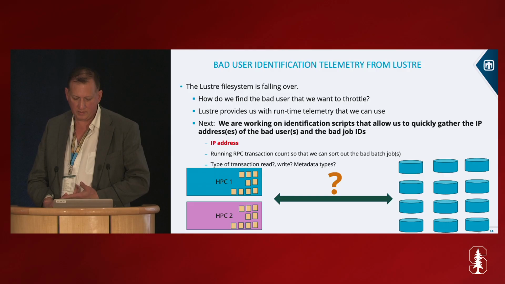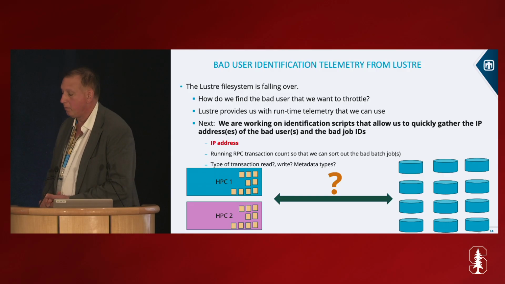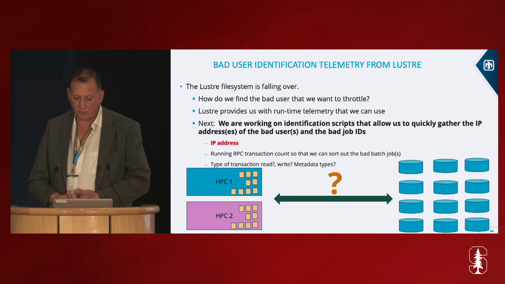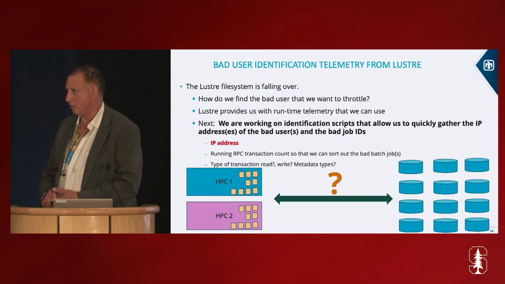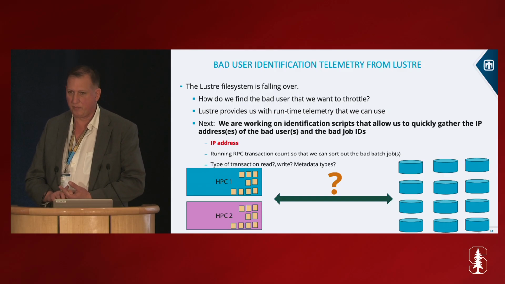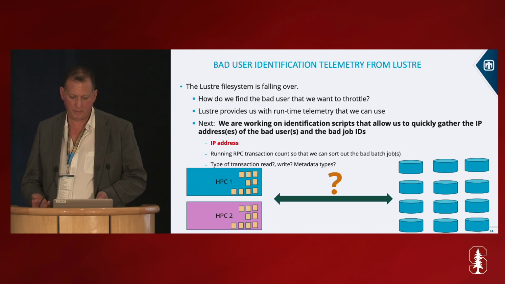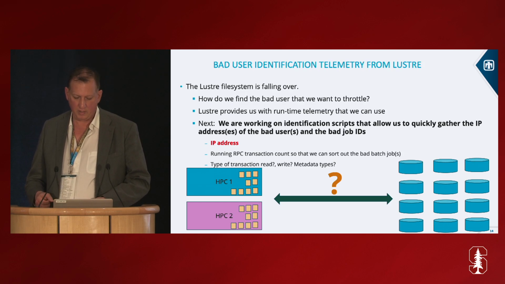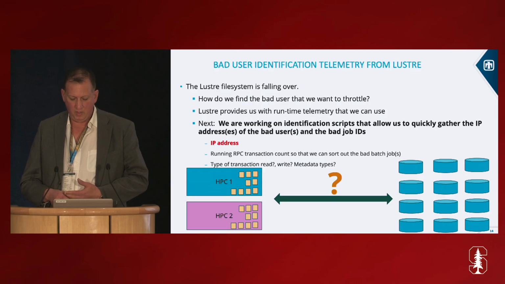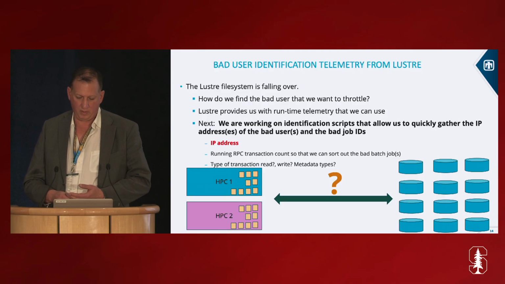Who's the user ID running this job that's not working well? And we can use those to gather the IP address of the bad job, identify the cluster it's coming from, and the job that's running on the bad cluster.